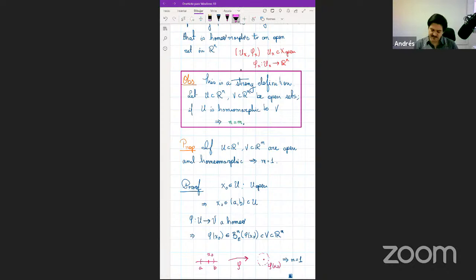This is a very basic proof, but it also shows you that you can only prove this. You cannot prove the big result. You can only distinguish between dimension 1 and the rest, but you cannot distinguish between the other dimensions. Okay?